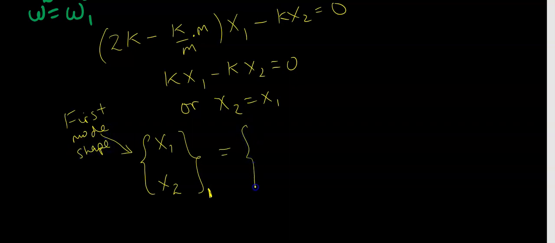Since I'm only interested in relative amplitudes, I'm going to say, what if x1 was 1? Just arbitrarily, what if x1 was 1? Well, x2 would be equal to the same thing, it's 1. And that's what the first mode shape is.